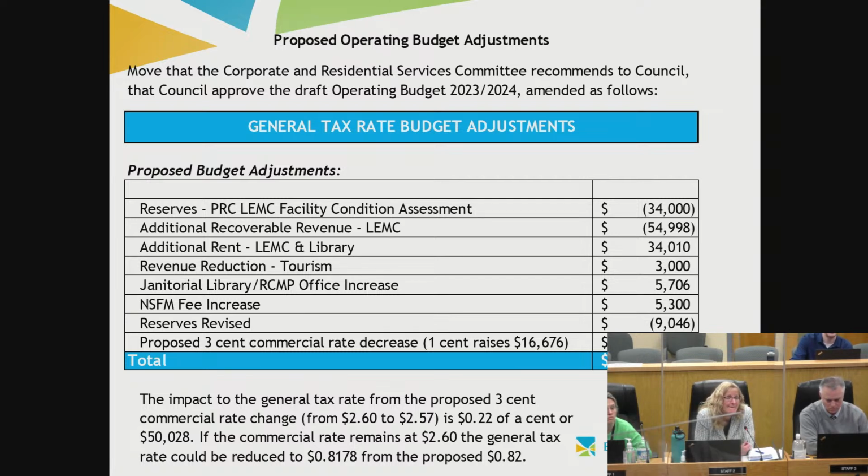I would like to see that before making any final decision, because if we're the same or lower as everyone around us, I'm more apt to say, well, okay. Because I don't think on a commercial assessment that 3 cents is going to make a business change their mind on where they're going to locate particularly. I'd like to have that information.